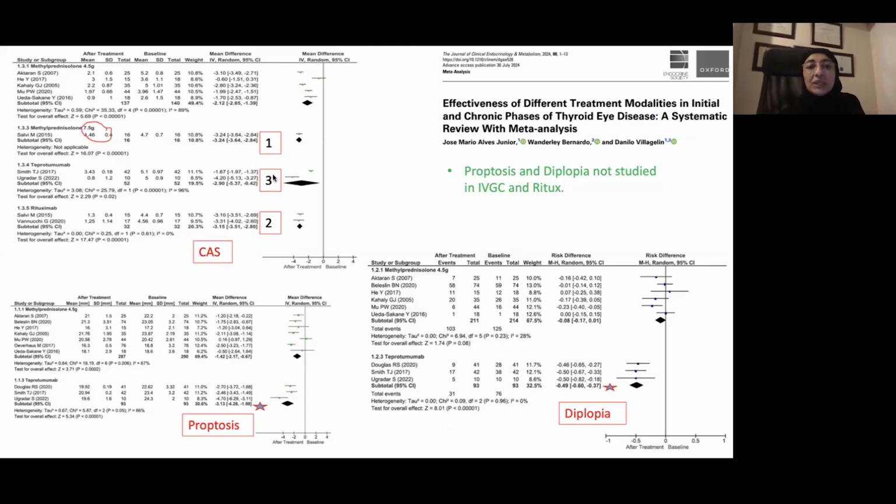If you look acutely at the CAS score and proptosis or diplopia, number one for efficacy for disease activity was methylprednisolone. So if you have severe acute inflammation, you better use methylprednisolone. And for proptosis, it's teprotumumab. For diplopia, it's teprotumumab as well.